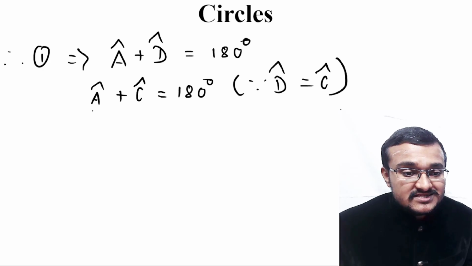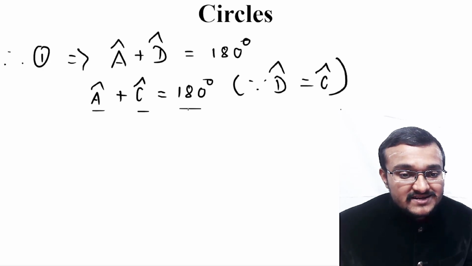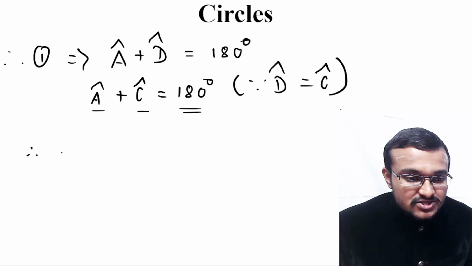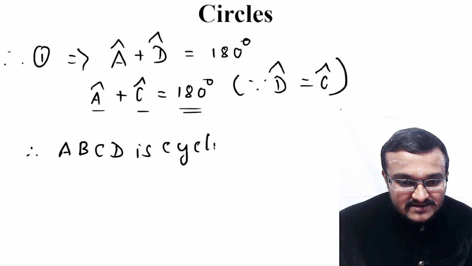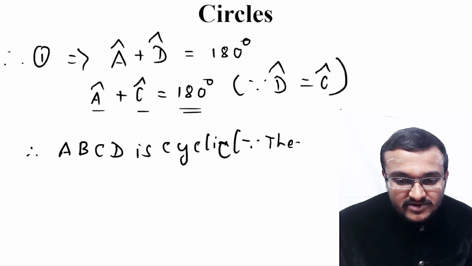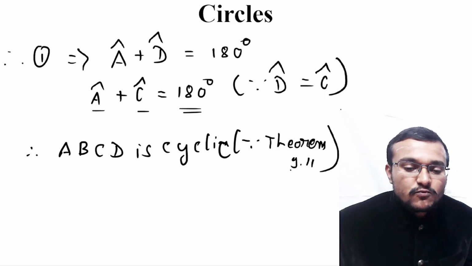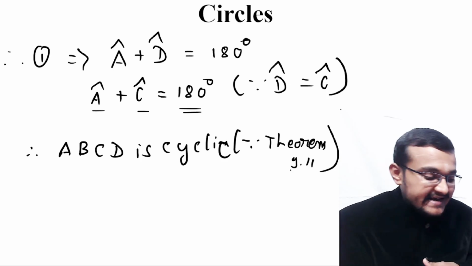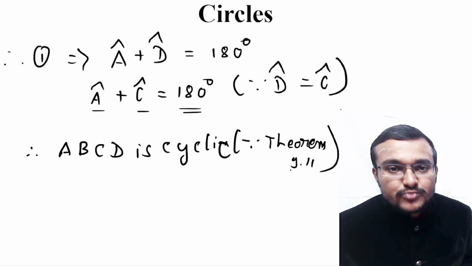Here you can see the sum of opposite angles of the quadrilateral is equal to 180 degrees. Therefore ABCD is cyclic. This is according to theorem 9.11. So this is what they asked us to prove in this question, and we have proved that.